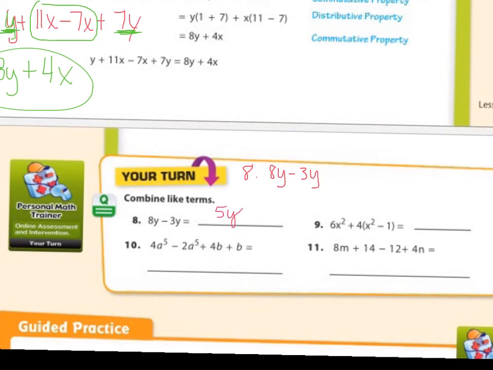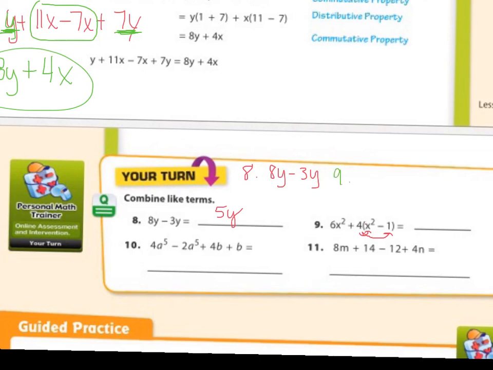Okay. Let's go to number 9. We're looking for like terms, but do you see that 4, how it's next to the parentheses? We have to use a distributive property to separate those. So what's 4 times x squared? 4x squared. And what's 4 times 1? It's just 4. So let's rewrite this problem after we have the distributive property.